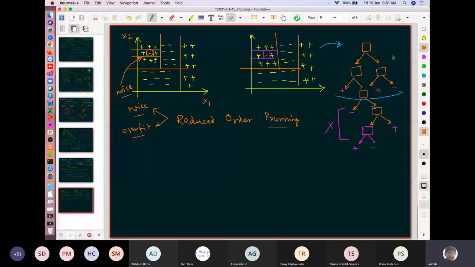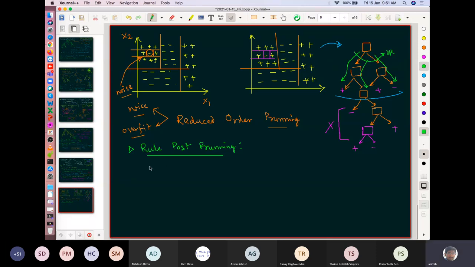The second approach, which we call rule post pruning: after you build a decision tree, each path that you get is basically a conjunction of the attribute values, and all the paths are ORed together.